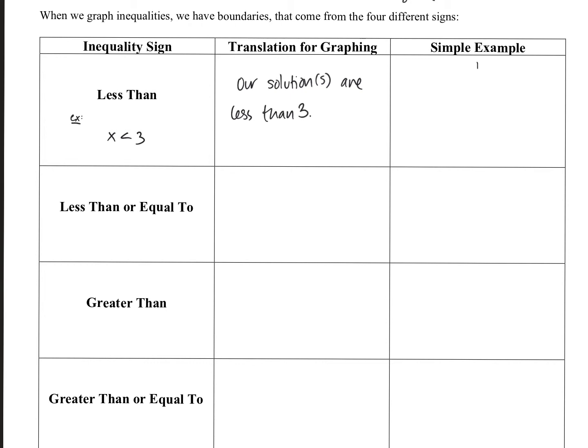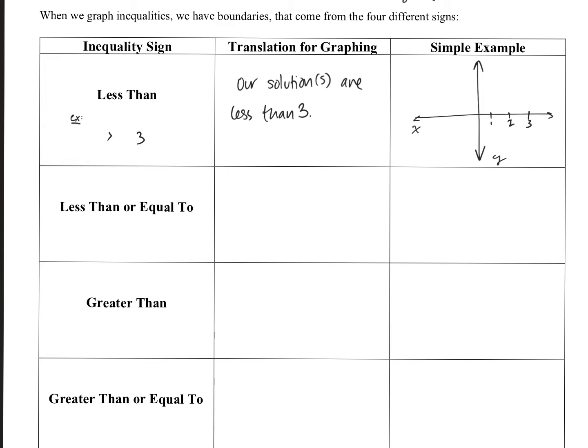So if I was to graph this, and now remember we're working with the xy plane because we're working with a 2x2 system. So we have x and y. Let me go ahead and find 3. So we're talking about less than 3. And notice we're not including 3 in our graph.